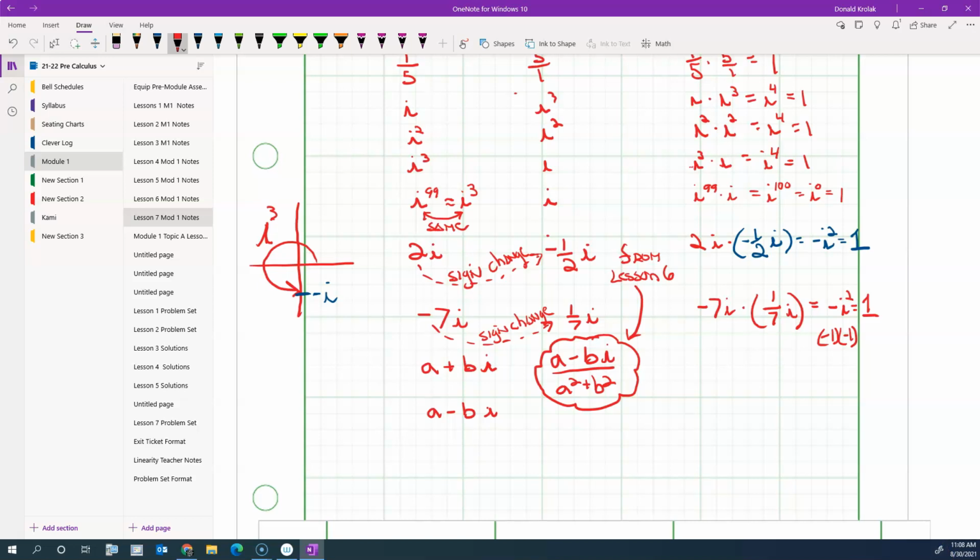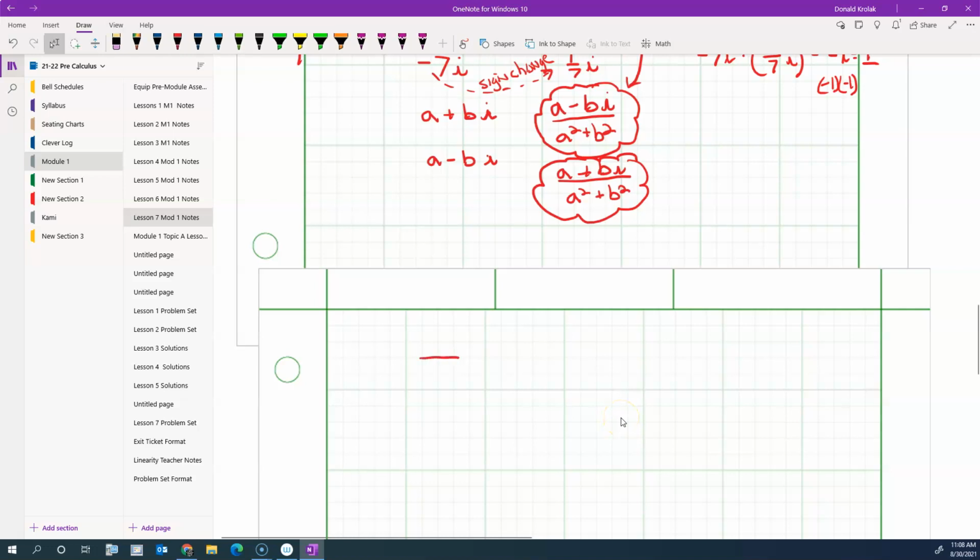And so if it was a minus bi, then it's going to be a, switch the sign, over a squared plus b squared. Okay, so now you've got a formula for complex conjugates. Okay, so let's try some more examples here.